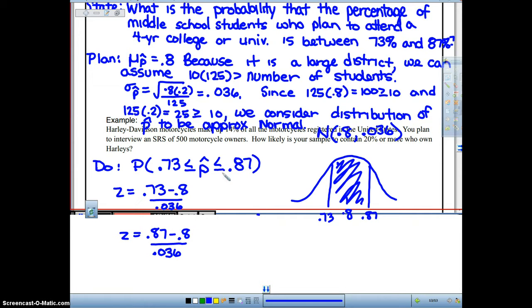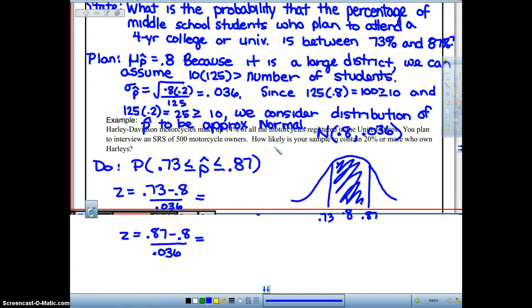After finding my z-scores, I can either use Table A, or I can use my calculator. Either one is right, but for whatever I choose to do, I need to have this, this, this, and this all written down on my paper.